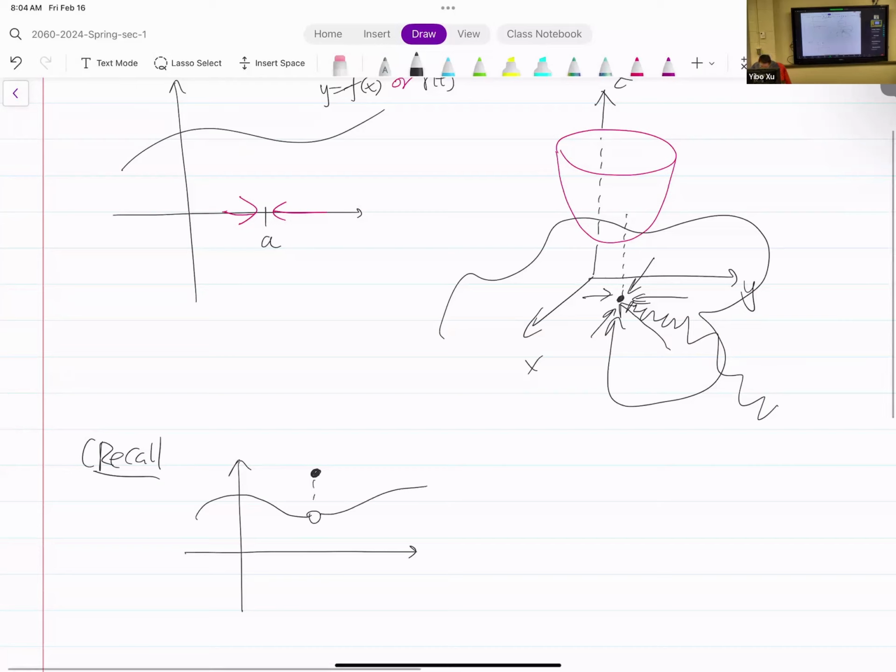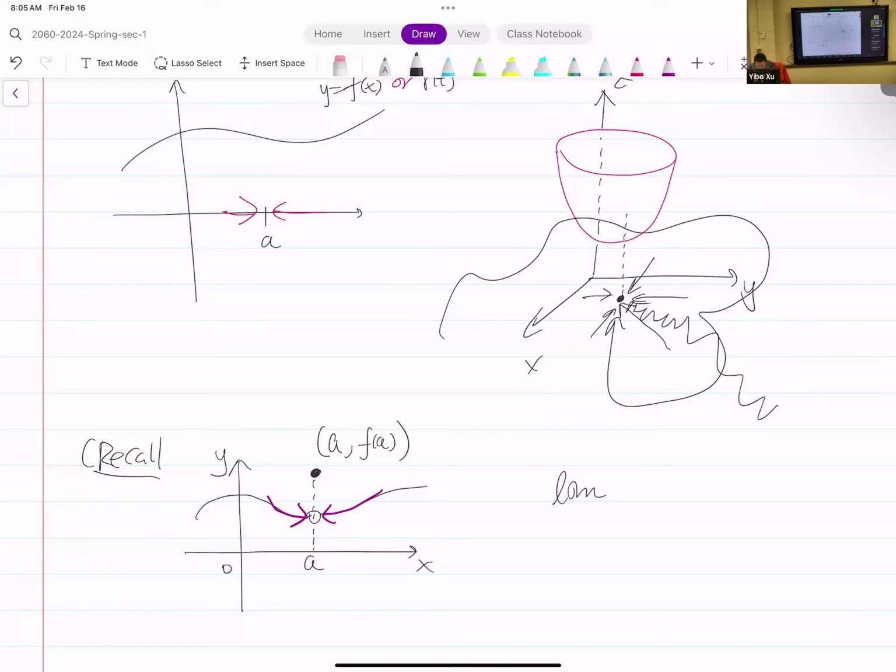Let's say our input level is A. Here you can see that when you approach A from the left and from the right, they agree. However, it doesn't agree with the functional value at the point. So the big dot here is A, f of A in this situation.